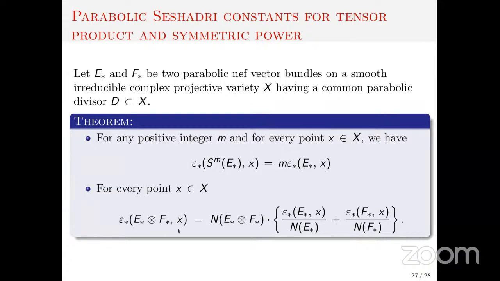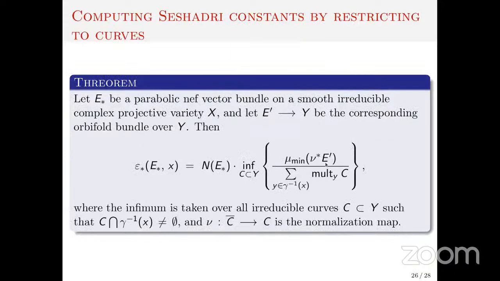And similarly, we have a formula for the Seshadri constant of the tensor product. Both these computations use this criteria, because you know how the symmetric power of E star corresponds to the symmetric power of E prime. So this is just m times mu min of the nu star of E prime.